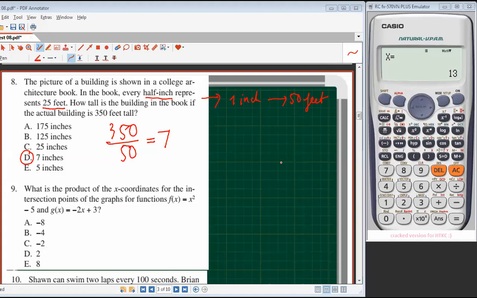Question number 9. What is the product of the S coordinates for intersection points of Fs equal to S squared minus 5 and GS equal to minus 2 times S plus 3?